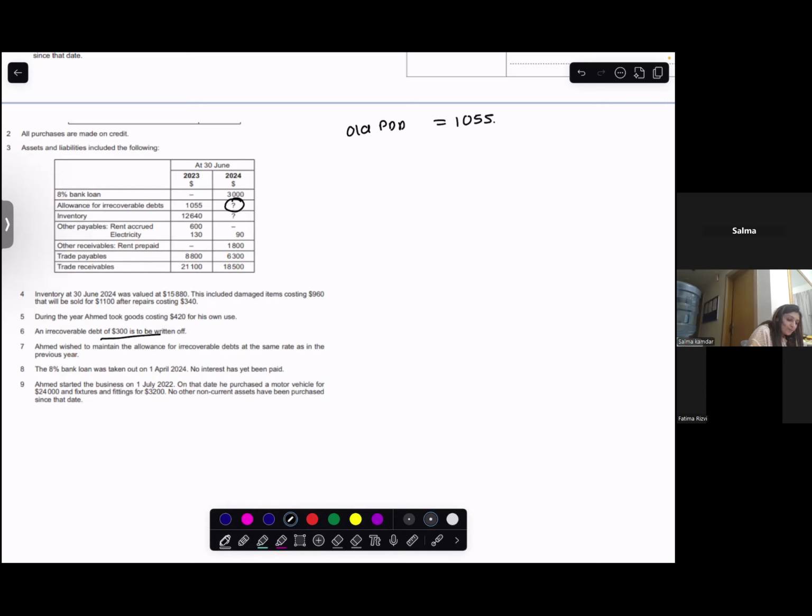I have the new bad debts given to me as 300, and they are telling us that the allowance for irrecoverable debts is the same as in the previous year. That means the percentage of PDD is the same as the previous year. Are you with me?